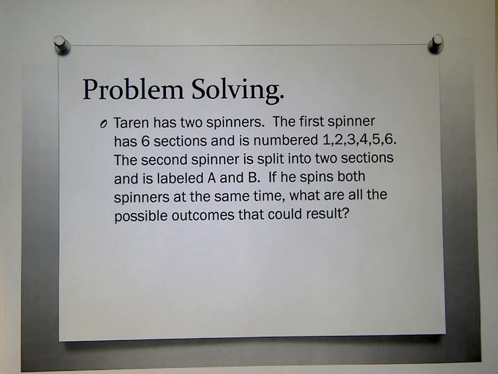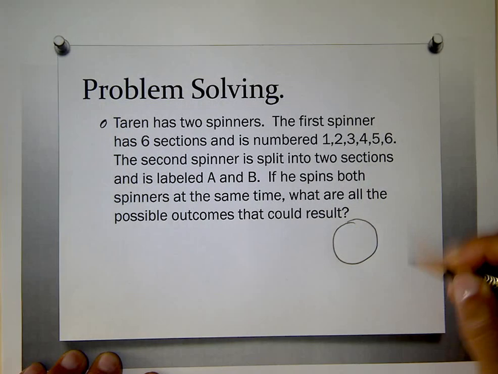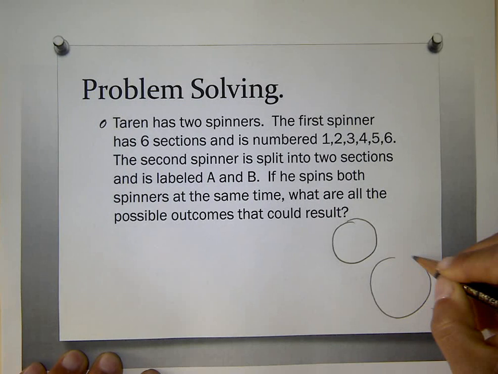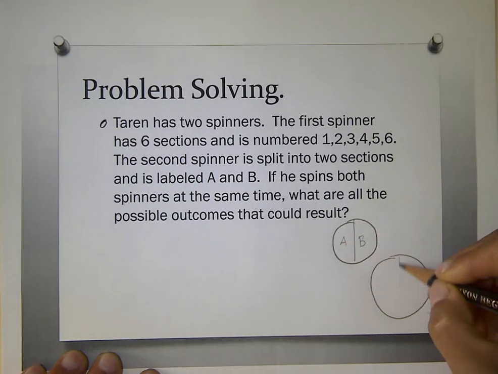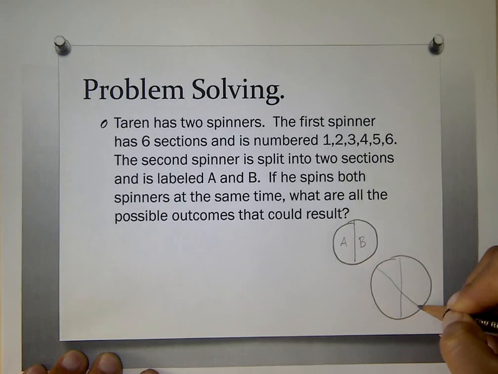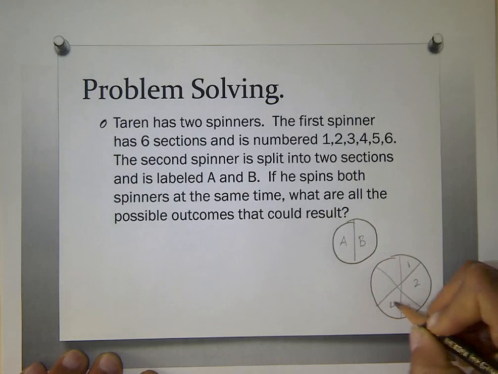The second spinner is split into 2 sections and is labeled A and B. If he spins both spinners at the same time, what are all the possible outcomes that could result? So first I'm going to start by drawing my two spinners. A and B. One, two, three, four, 5, and 6.